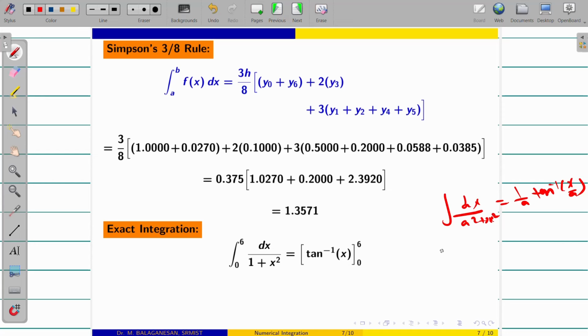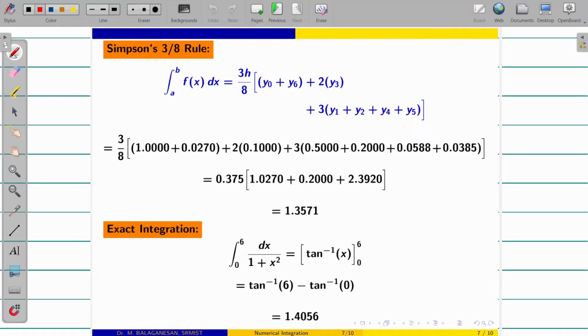Or you can simply substitute this. If you substitute here, we can get the answer tan inverse 6 minus tan inverse 0. In your calculator, you have to use tan inverse of 6 minus tan inverse 0. So tan inverse 6 will be 1.4056. This is the exact answer.